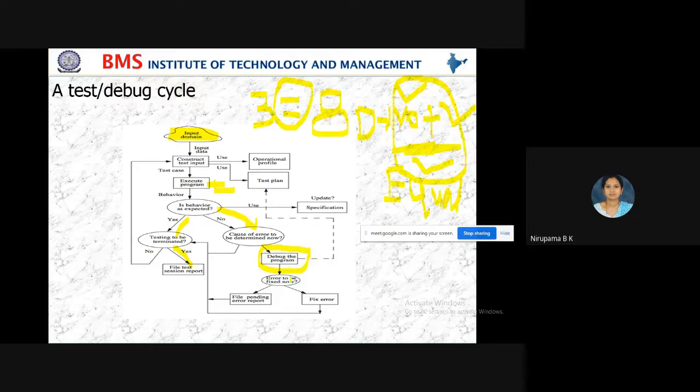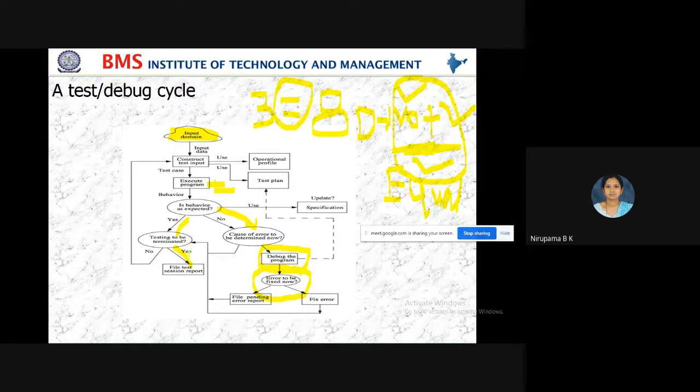So once you fix the error, means once you debug the error, see here where the link is going. Once you debug the error, in both the cases it is going here only.